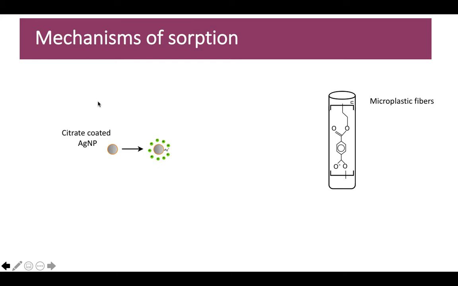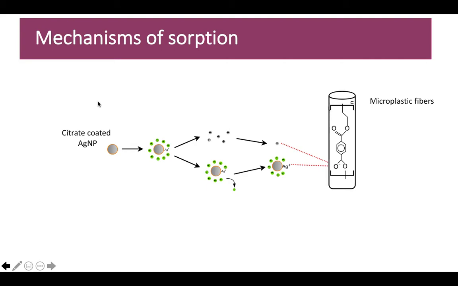Also, the nanoparticles in the water phase will oxidize and have a positive surface charge, and this surface charge will attract negative ions, which will form what we call a Stern layer. The nanoparticles can dissolve into ions, releasing these ions to the solution, which are free to interact with the negative surface of the microplastic fibers.